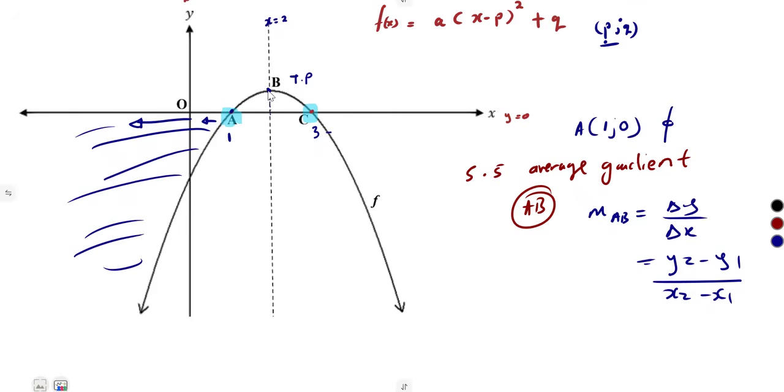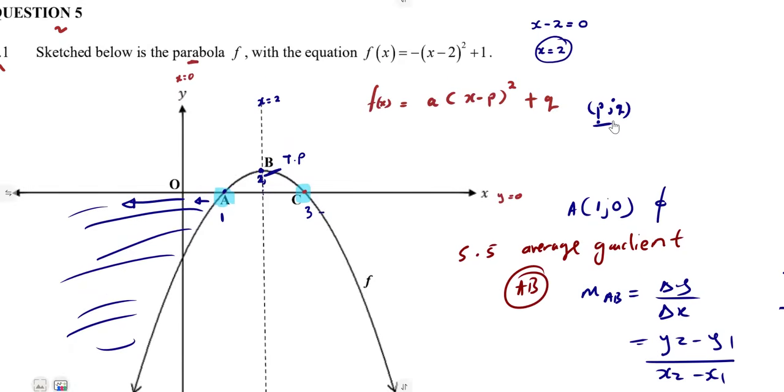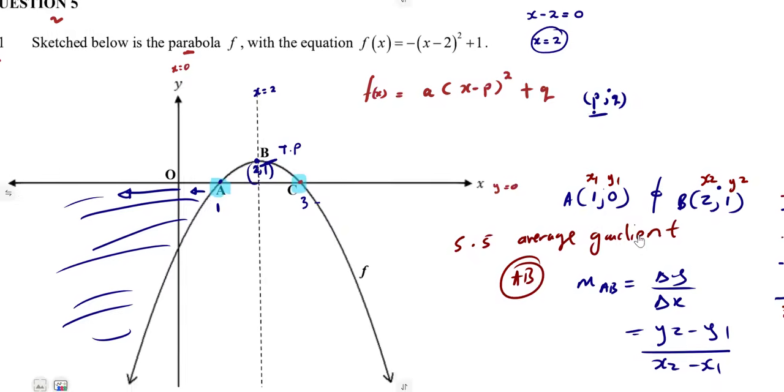And the point B, which was our turning point. Remember, we stated the x value, which is 2, and the y value, which was 1. This was the point (2, 1). Remember, we talked about this point before. So I can just name this x1, y1. This is my x2, y2. Point 1, point 2.